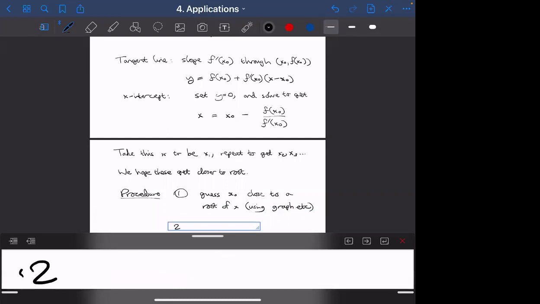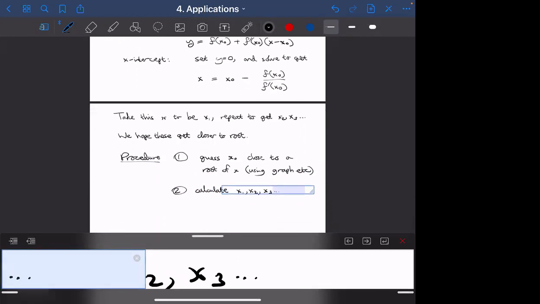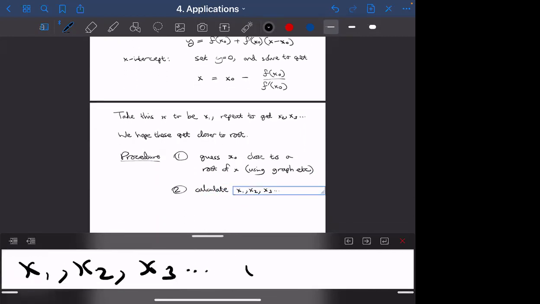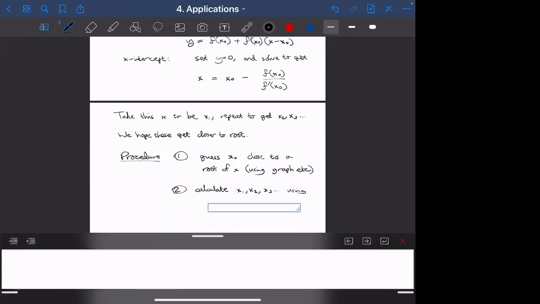And step 2, calculate x1, x2, and so on using this formula.